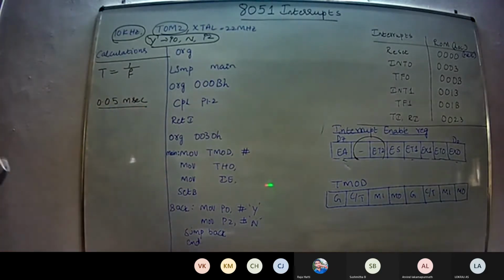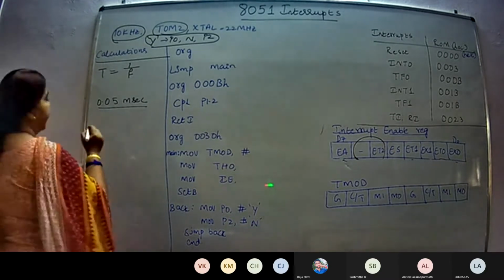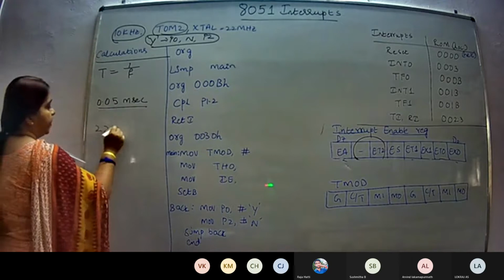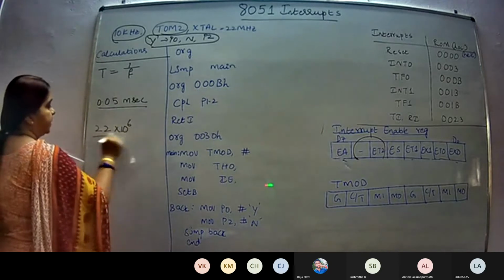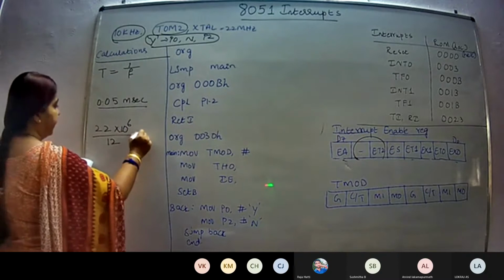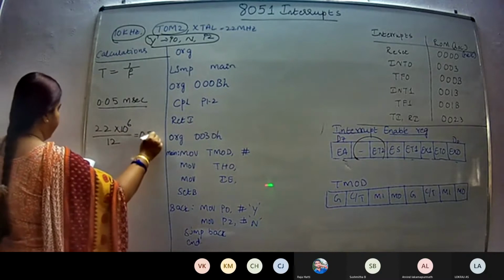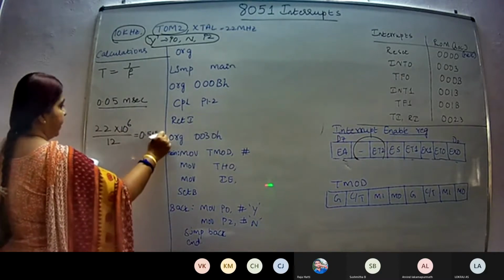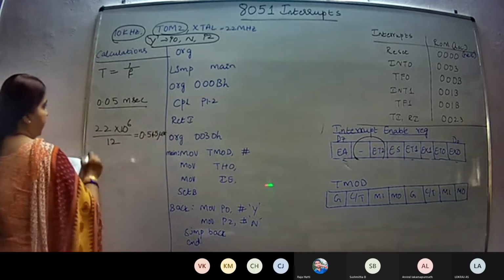How much is the external frequency they have given? It is 22 megahertz. This 22 megahertz should be divided by 12. So 22 into 10 power 6 divided by 12. Taking the time period of it, the answer is 0.545 microseconds.